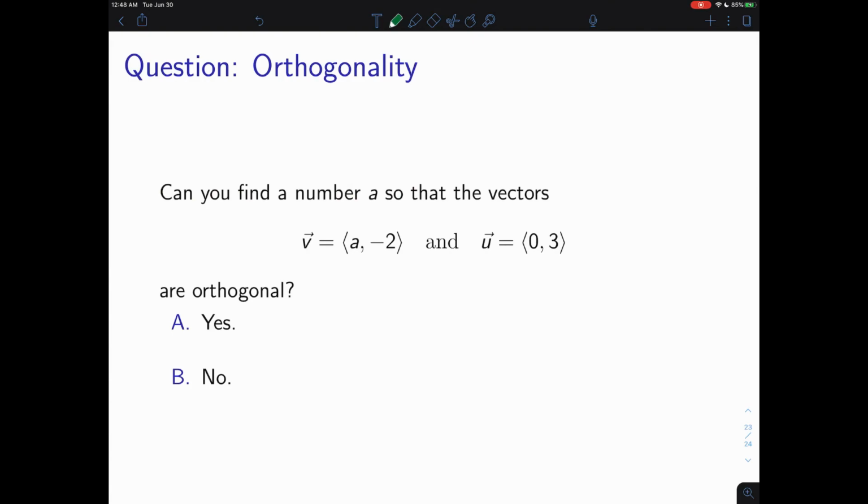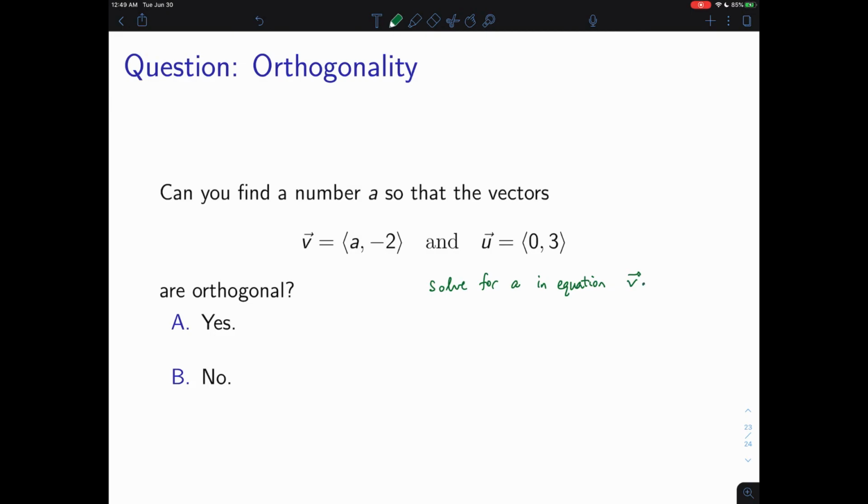Do you want to try another question? Can you find a number a to make these vectors orthogonal? The first vector is a comma minus 2, and the second vector is 0, 3. Can you find a number a that makes them orthogonal? Just a yes or no question. Well, to solve this, I would want to solve for a in an equation.